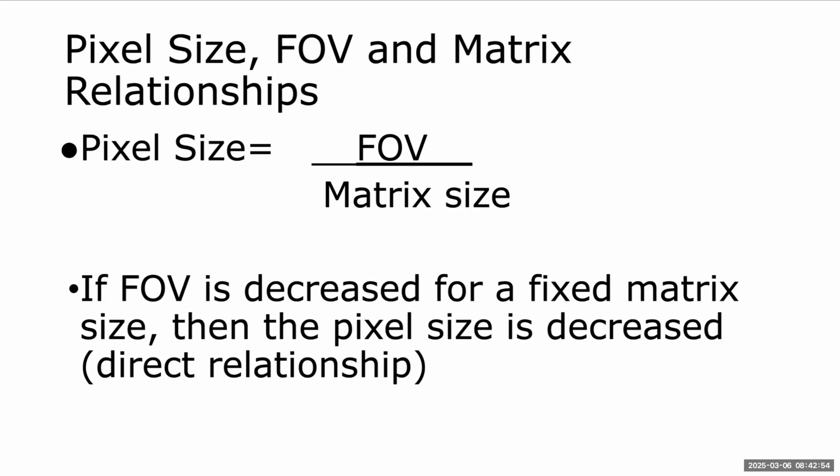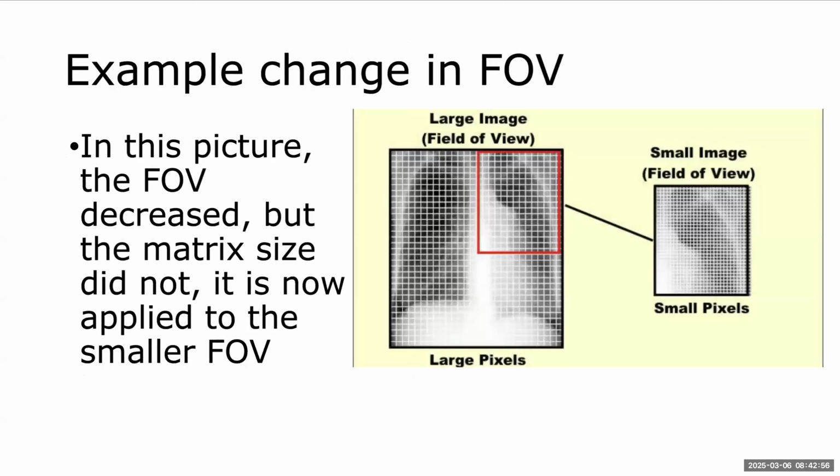That's a direct relationship. And here's just an illustration of that. So in this picture, the field of view went from, let's say, a 14 by 17 down to a 10 by 12, but the matrix size didn't change. So we're still applying that same matrix size just to a smaller cassette. Then we can see the pixel size has to get smaller in this case, and therefore spatial resolution would get better.